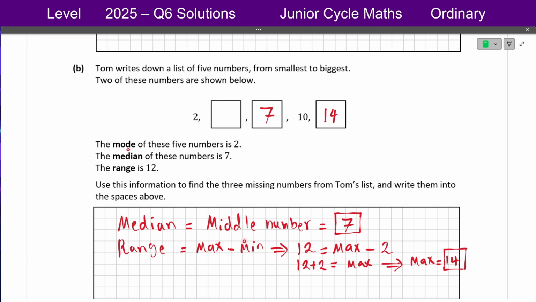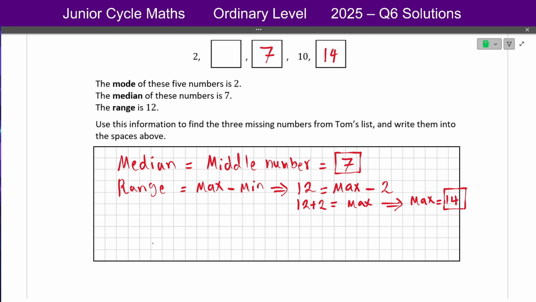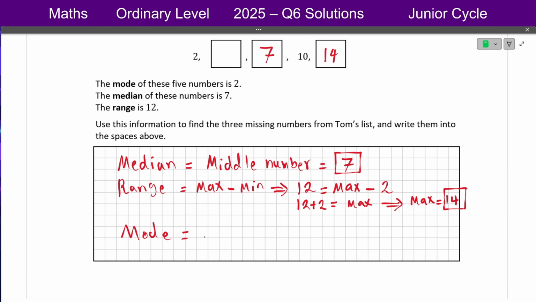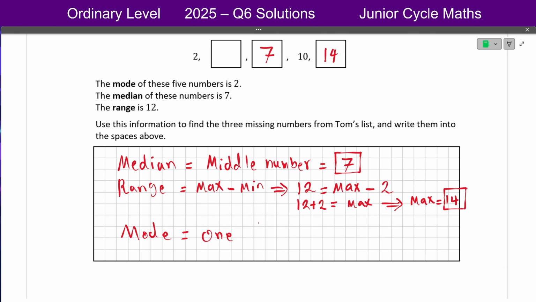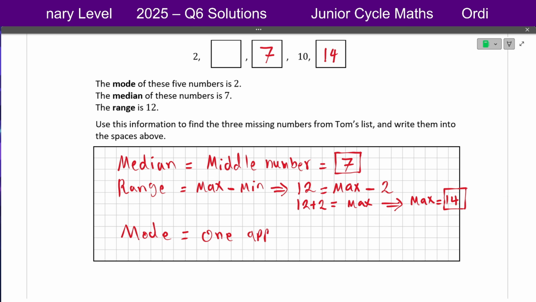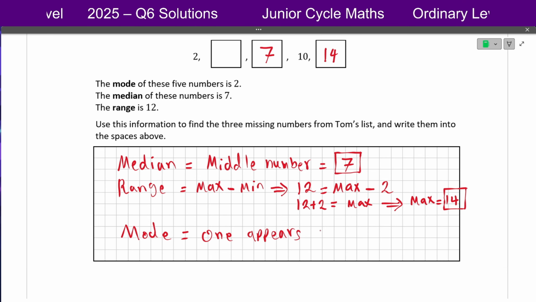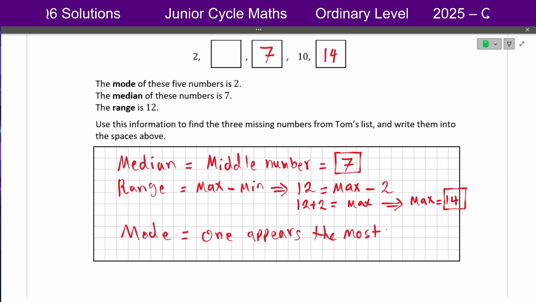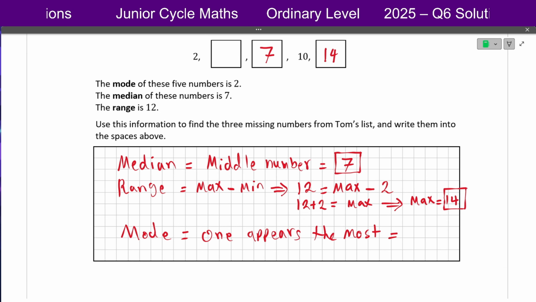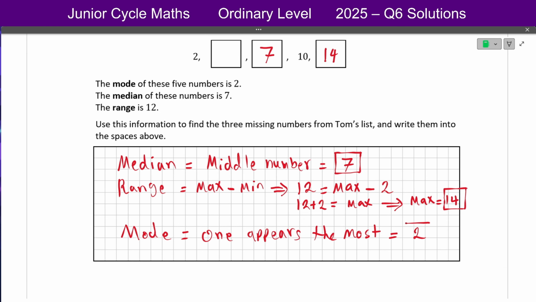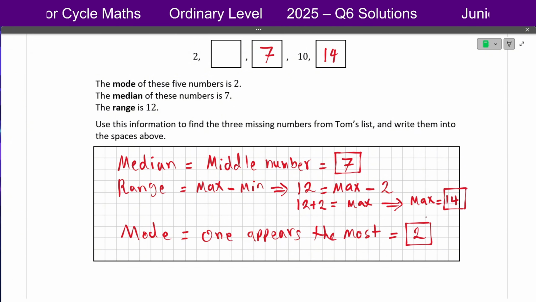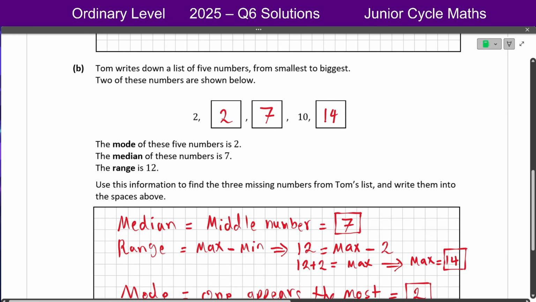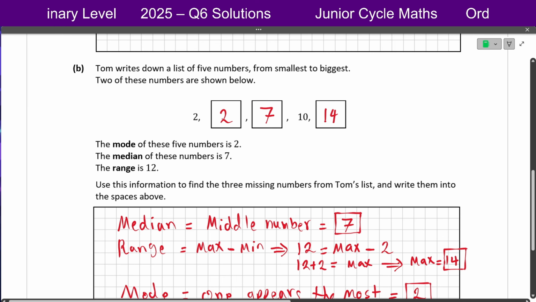So we write: mode means the one that appears the most, and here should be number 2. That's the third number, and we write it here: number 2. And that's the correct answer for the second part.